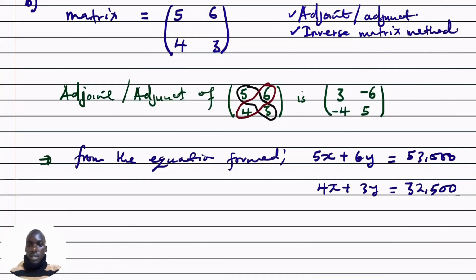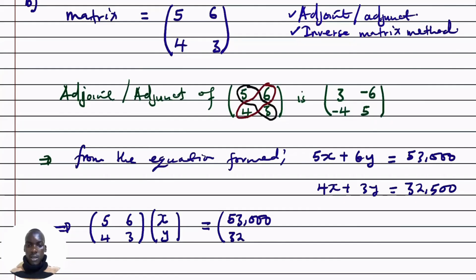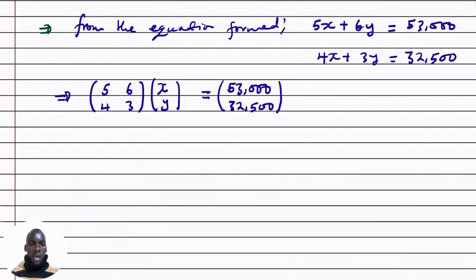Let us alter them to be in matrix form, implying that these are the same as 5, 6, 4, 3 multiplied by x, y equals our expenses, which are 53,000 and then 32,500. Now from here, we are going to multiply the adjoint, rather the adjunct, on both sides.